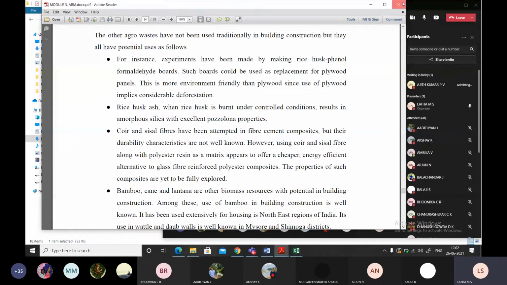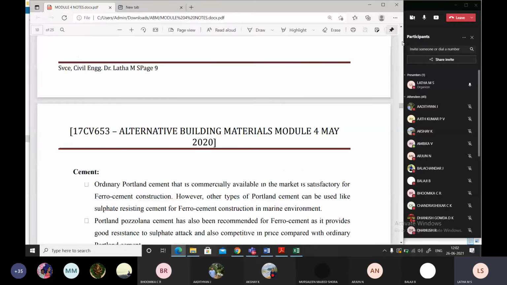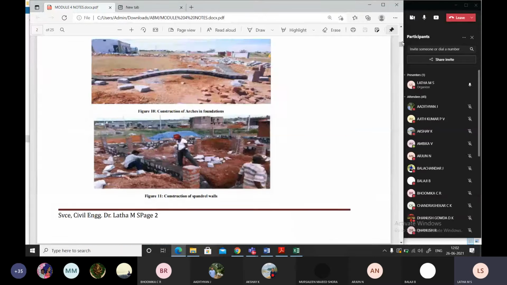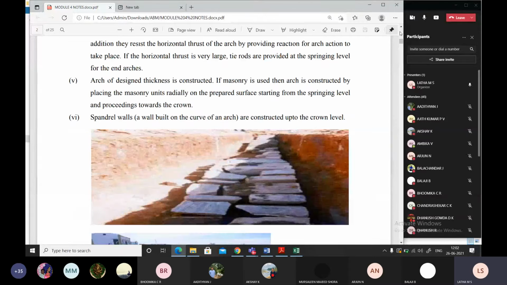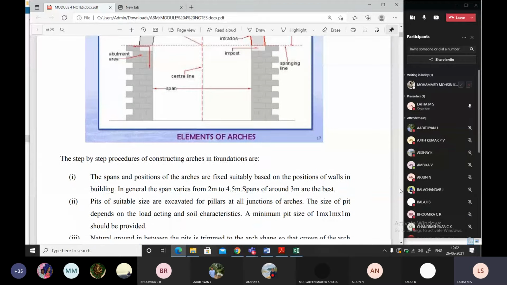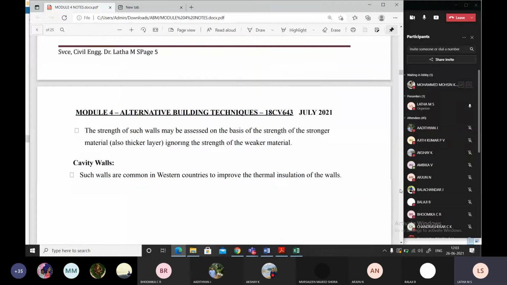And coming to the fourth module, students, these are the techniques used for different construction. This is a little bit easy going, not much syllabus is there. You find the types of foundation, arch foundation, and masonry construction, how to construct masonry using different types of blocks.